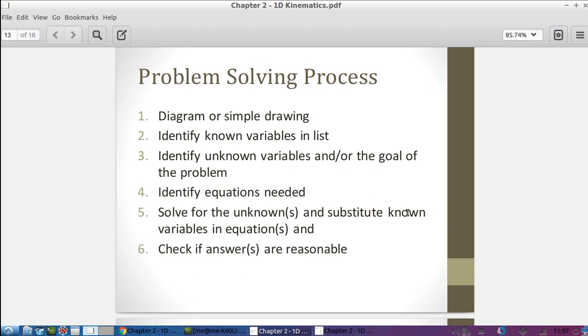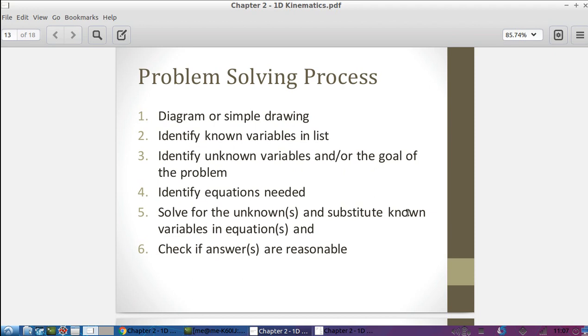Finally, this is a very important step. A jogger runs probably like 4 meters per second. So if I'm doing a problem where there's a runner or a sprinter or a human walking or running, and I get a speed of 40 meters per second, I know I did something wrong. Okay?